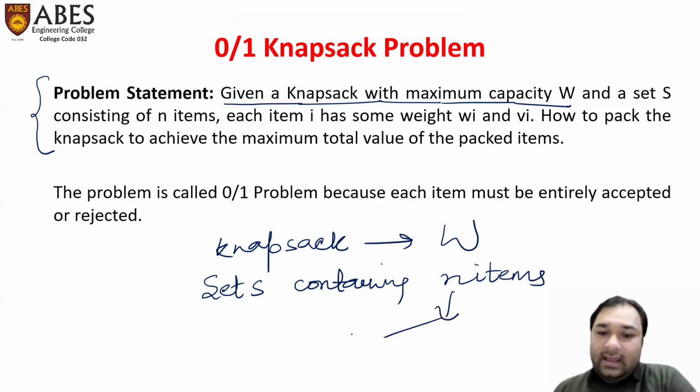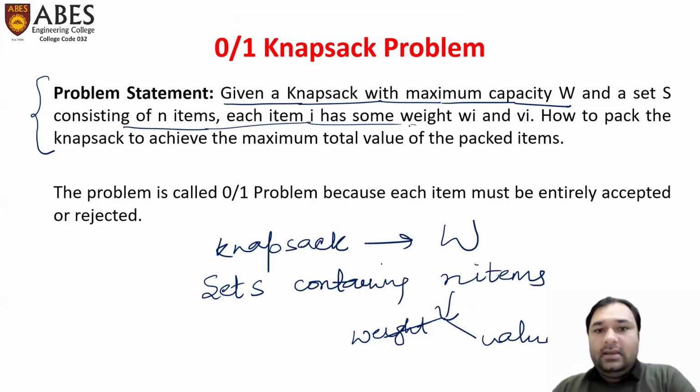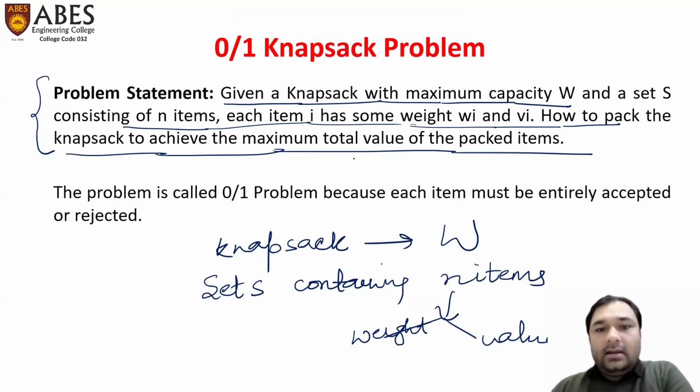Each item i has a weight and a value associated with it. Now, how do we pack the knapsack in such a way that the maximum value or profit can be attained?